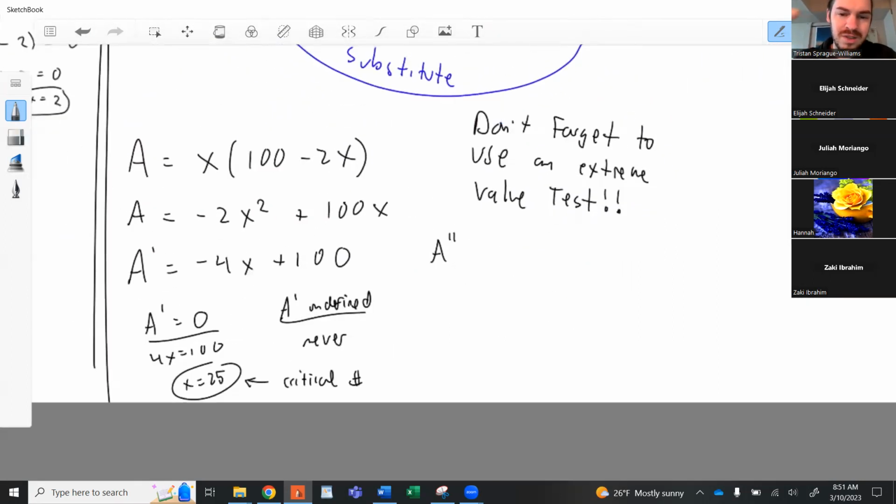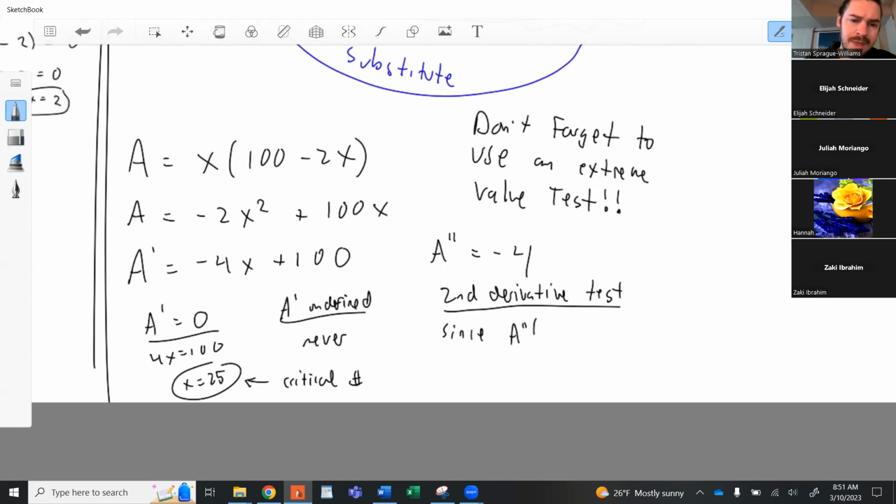So for that, we need one of these tests. I'm going to just use the second derivative test here. Since A double prime at 25 is equal to negative 4, which is negative, A has a local maximum at x equals 25.